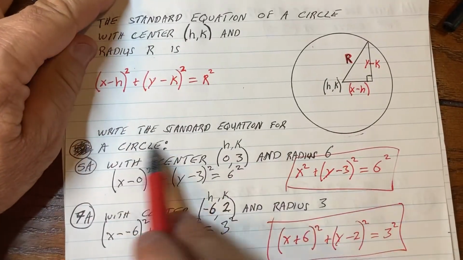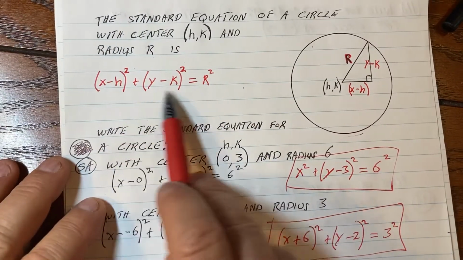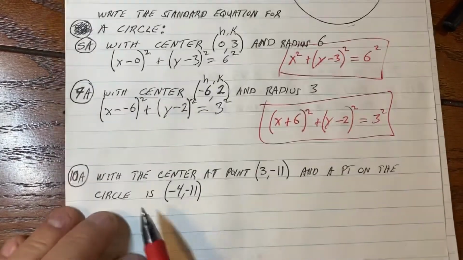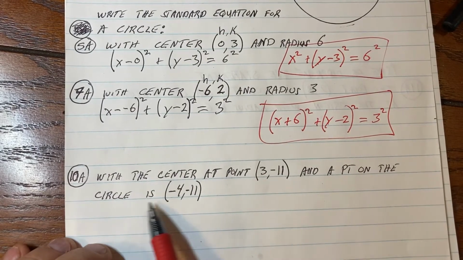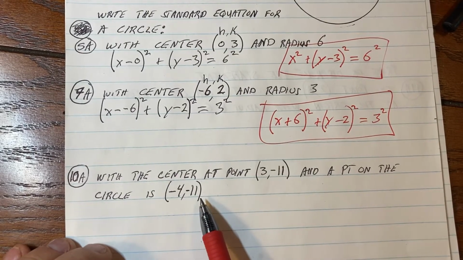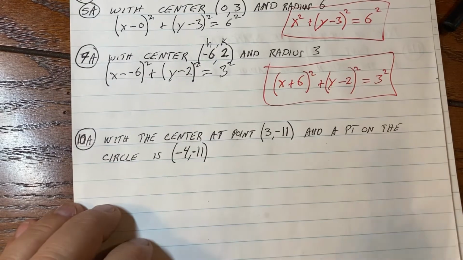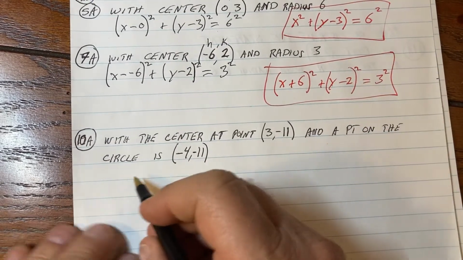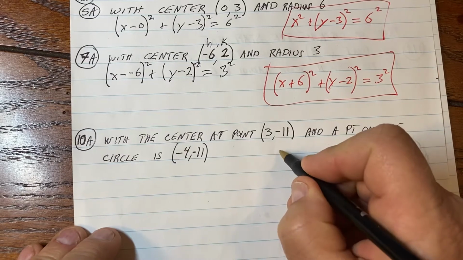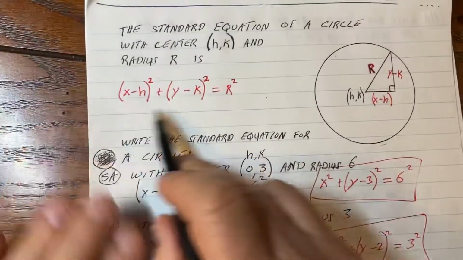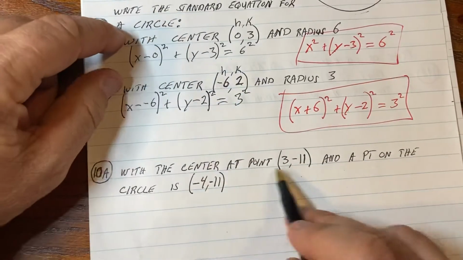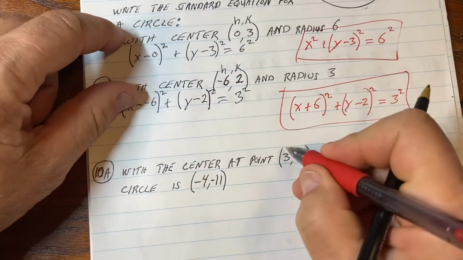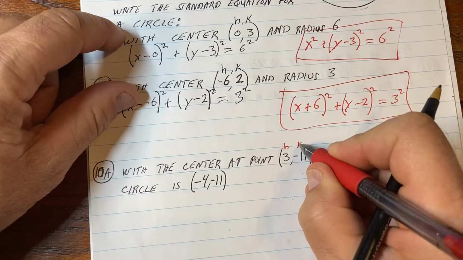Write the standard equation for a circle. That's your standard equation for a circle. With the center at point 3, negative 11, and a point on the circle is negative 4, negative 11. So we put it right here. This is the center, this is your h and your k.